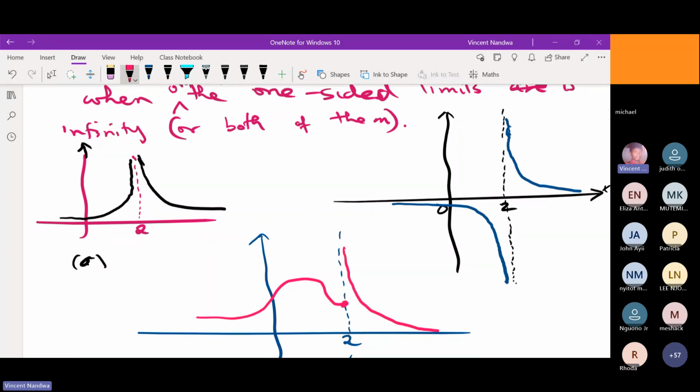Okay, what if I call this case A? This is our case A, this is our case B, and this is our case C. What makes B to be called or to have an infinite discontinuity?